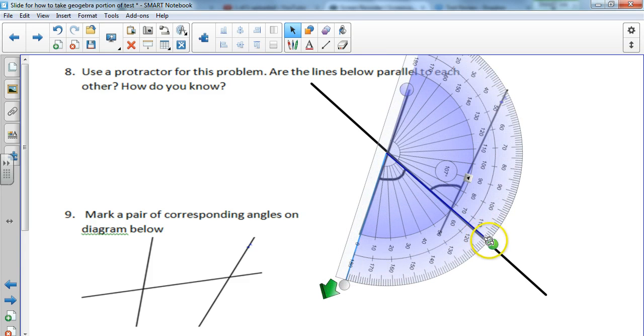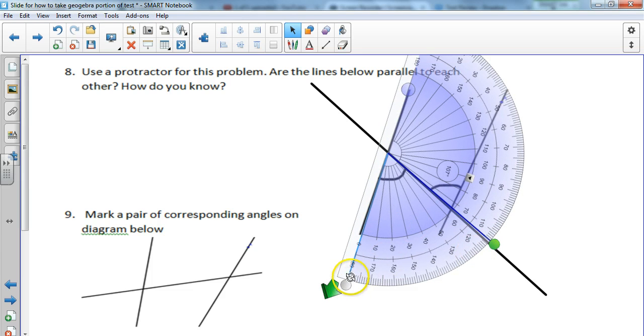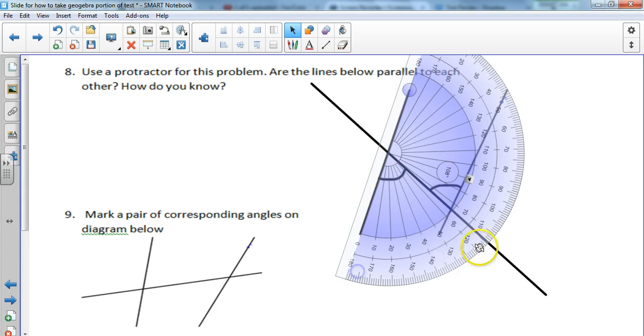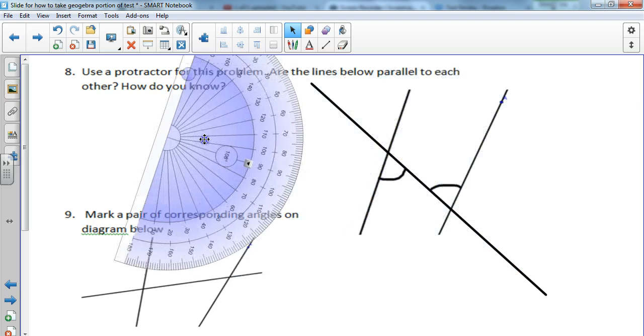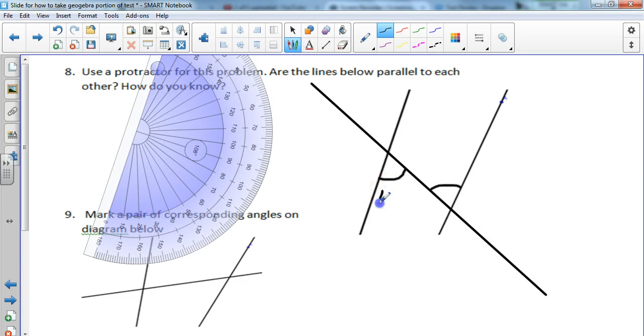So it looks like to me that this angle that I made with my transversal, it's off a little bit. It looks like, if we open it up from 0 here, we go 10, 20, 30, 60. Looks like 65 degrees. So my protractor says this angle is 65 degrees.